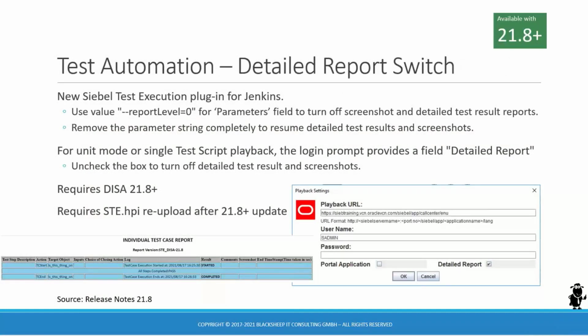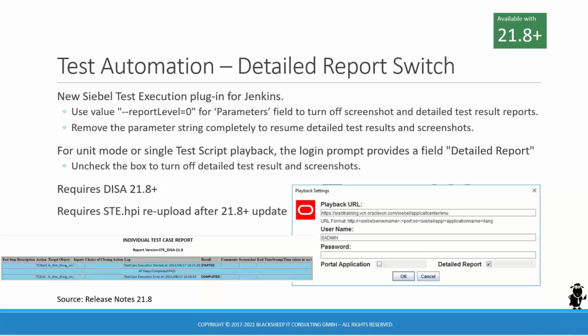And that got me by surprise, this one, because I teach test automation a lot. I do new features trainings, and test automation, the recording and playback, was introduced in IP17. That has been improved over the 4 years, and just a tiny note in the release notes got my attention that there's now a detailed report flag.